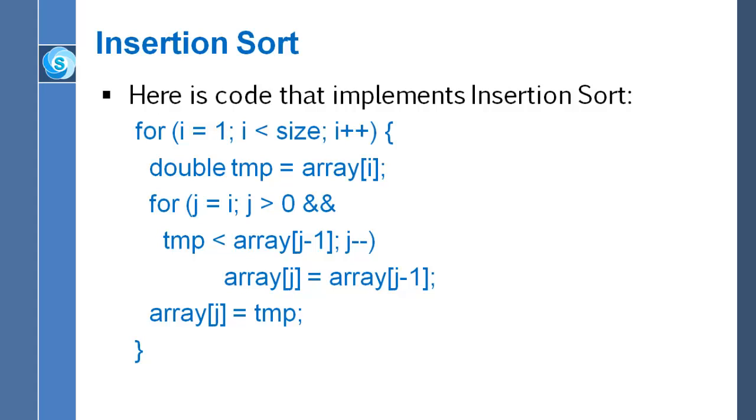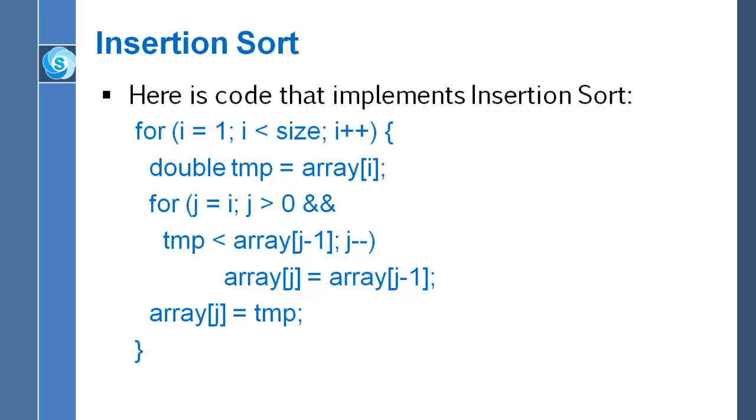And the loop continues, and this is a little bit funny, so we have to think about this. It continues as long as j stays greater than 0, and as long as the number stored in temp is less than the number stored in position j minus 1 of the array.